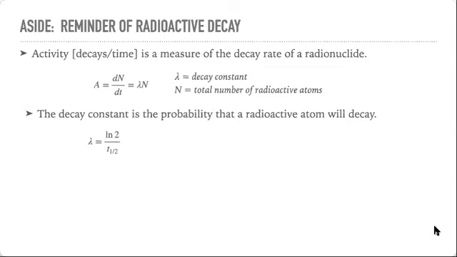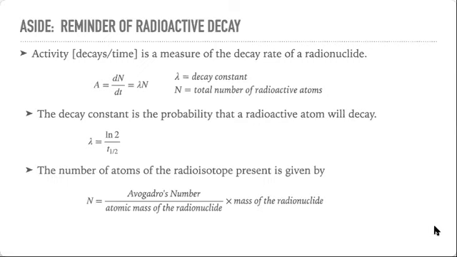The decay constant is the probability that the radioactive atom will decay, and it's given by this formula. And then the number of atoms of the radioisotope present is given by Avogadro's number divided by the atomic mass of the radionuclide times the mass of the radionuclide.